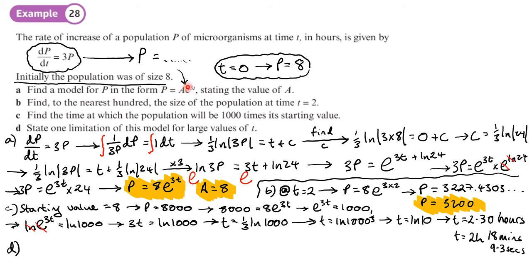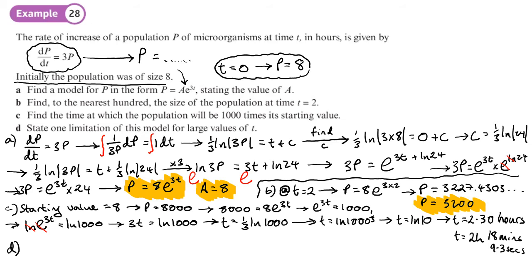So if I put a value of t of 1,000,000 seconds, it's going to come up with a crazy size for the population. Now we know populations do not keep increasing. There comes a point where they can't increase anymore. Maybe there's no food left. Maybe there's just not enough space. Something happens. There's a pandemic or a disease that stops them from growing any further.